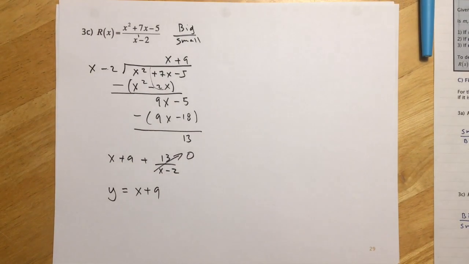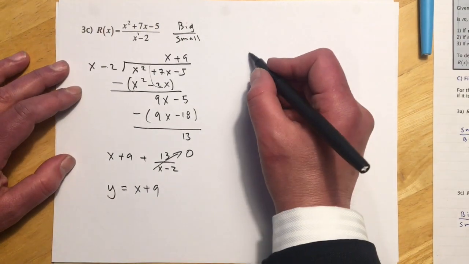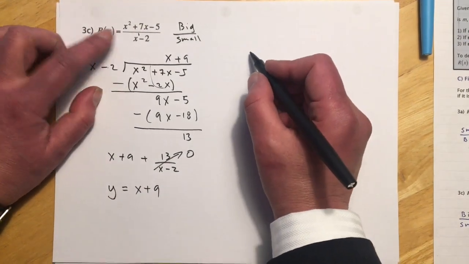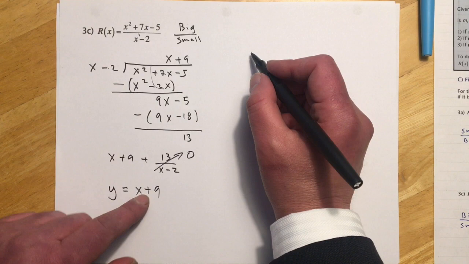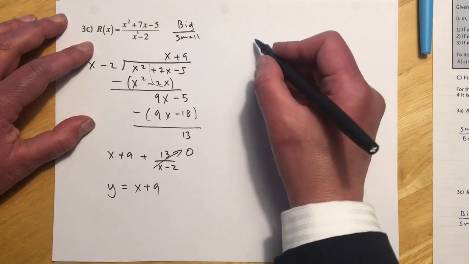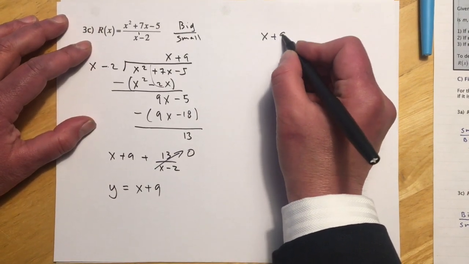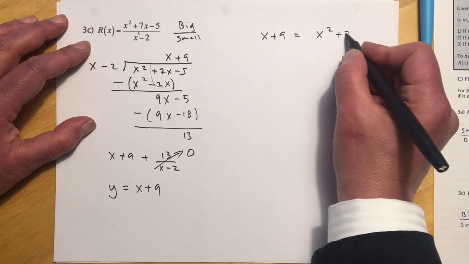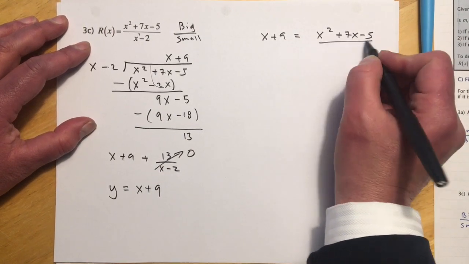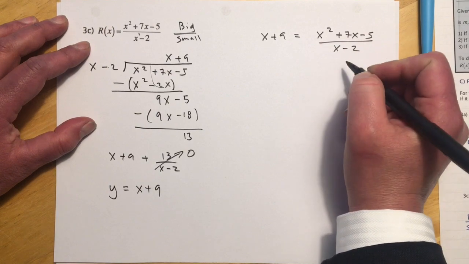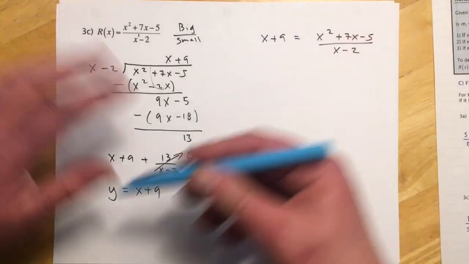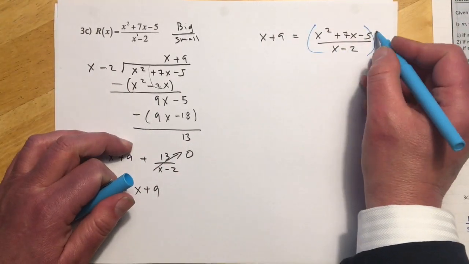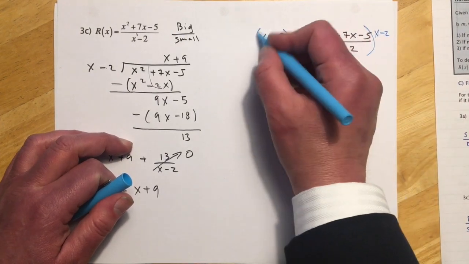And then to see if this one is crossed, we're going to set the function equal to the oblique asymptote. So that'll look like x plus 9, and then can that equal x squared plus 7x minus 5 over x minus 2. So I'll do that same thing where I clear the fraction, so we multiply both sides by x minus 2.